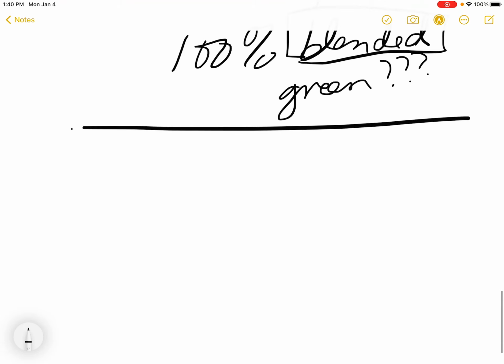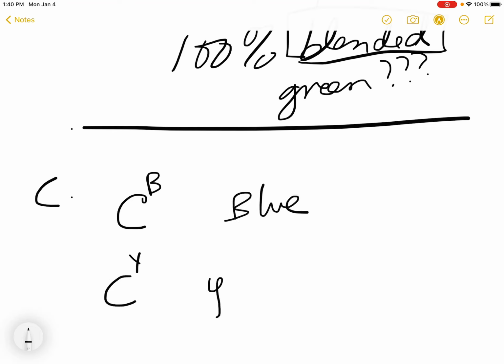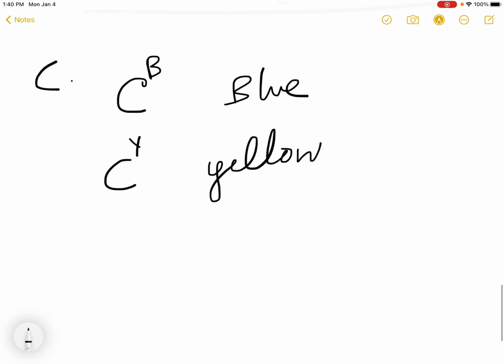Now in part C, they change the rules this time and say that we want to do the same thing, except it's codominance. So we have the very same alleles, C^B for blue and C^Y for yellow. Codominance and incomplete dominance are virtually the same thing on paper. It just results in a slightly different phenotype.